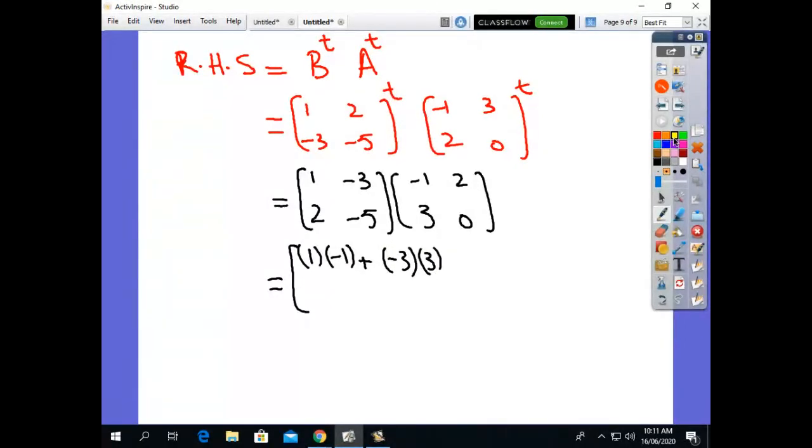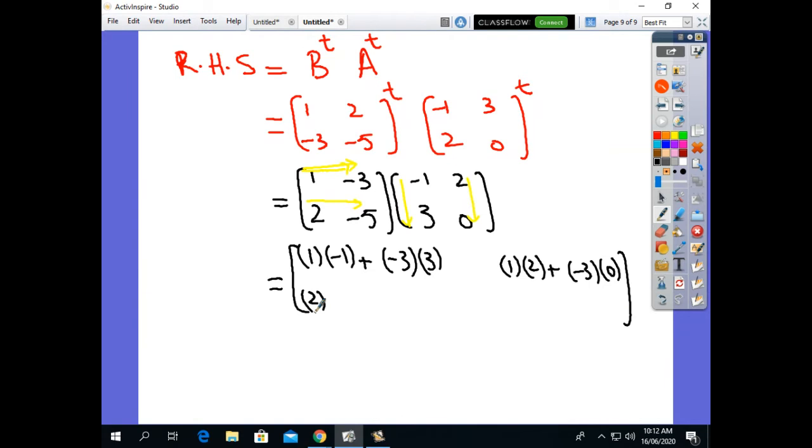That is, we multiply this first row with first column. Similarly, we multiply this first row with second column. Now 1 is multiplied with 2 plus -3 is multiplied with 0. Similarly, we multiply the second row with the first column and second row with the second column.